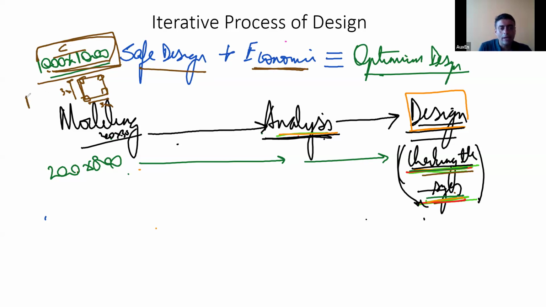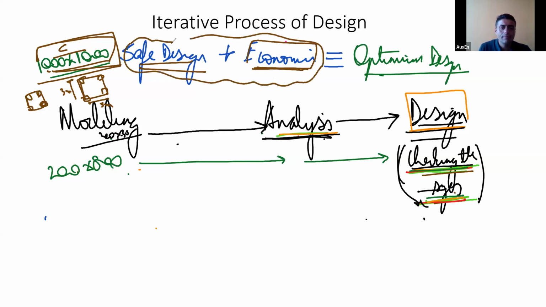When I say that I will provide a 100 mm by 100 mm column size, it's economic, it's very cheap, isn't it? It's very cheap, but it may not turn out to be safe. So as a designer, we all have to think about safety plus economics both. That's why we'll usually be talking about the optimum design.